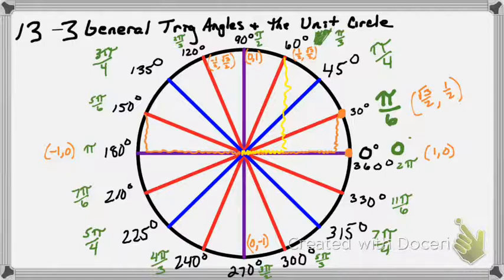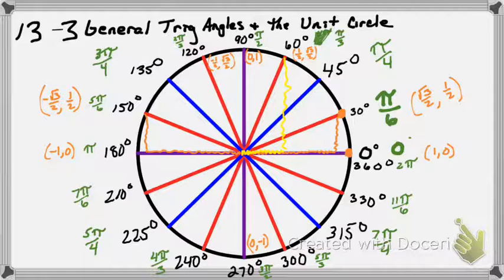So that, by definition of what I told you, is negative root 3 over 2, positive 1/2. Why is it negative root 3 over 2? Because I'm going left. I'm going backwards. The positive ones in the first quadrant were positive because we were going right. Now in the second quadrant, to get there, we have to go left. So our x-coordinate is going to be negative.